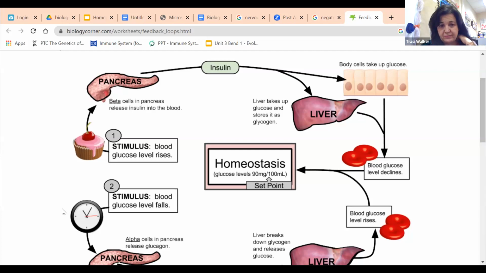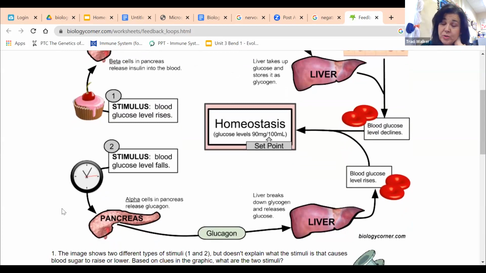Now, if your blood sugar drops too low, which can happen if you haven't eaten in a while, most of us have probably experienced that feeling when we should have eaten a few hours ago, and our blood sugar levels go down. So again, we have receptors in our body that sense when our blood sugar levels go too low. So they tell our brain we need to do something. So the brain tells the pancreas to secrete a different molecule called glucagon. And glucagon tells the liver to break down glycogen.